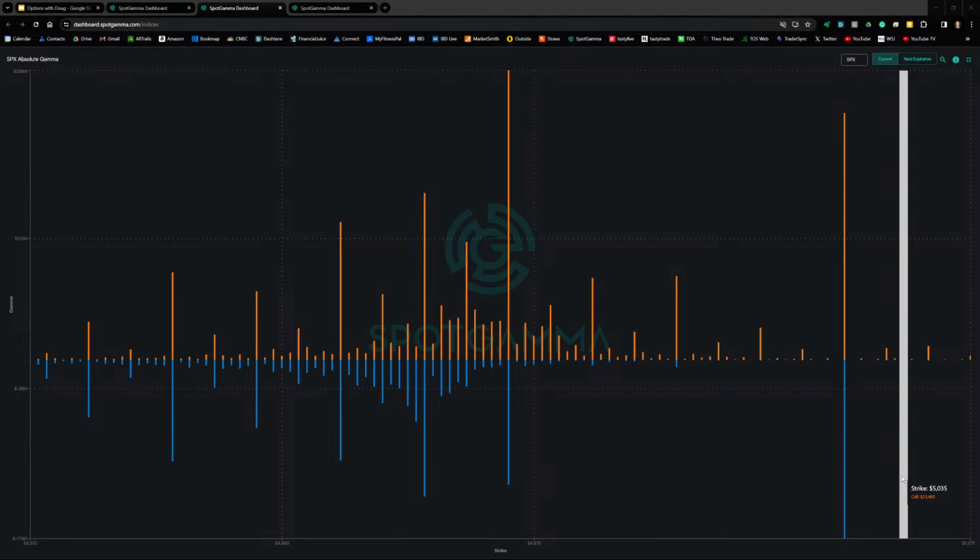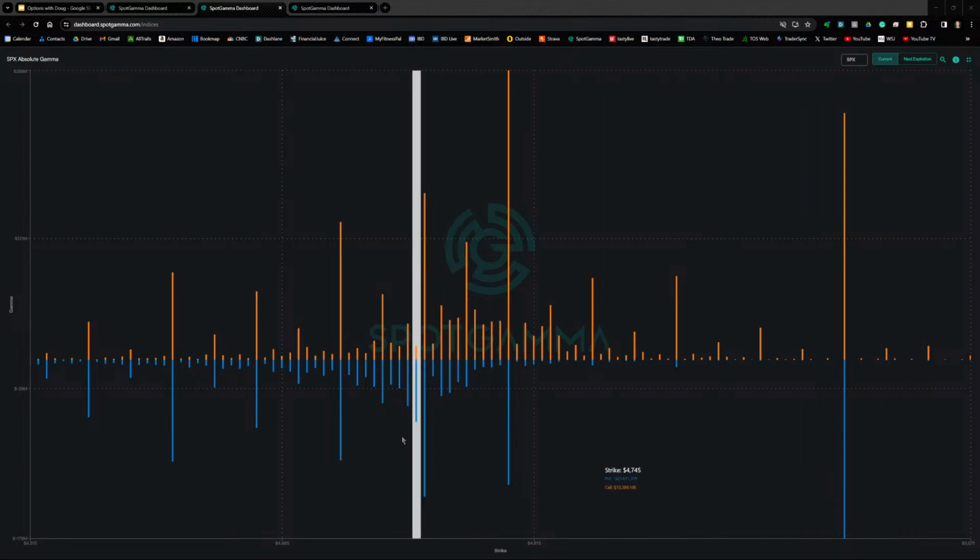And then let's find the 4745 level. That's right there. Not a lot of put gamma. So this is really, I guess, getting the put wall designation based on a technicality. The definition of the put wall is the largest net negative gamma.